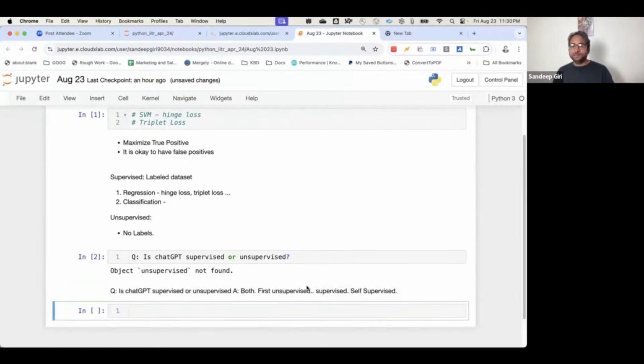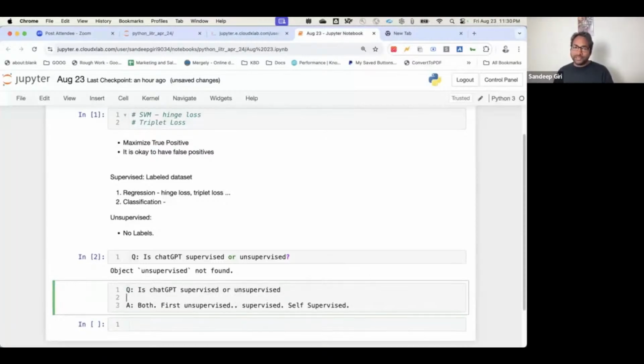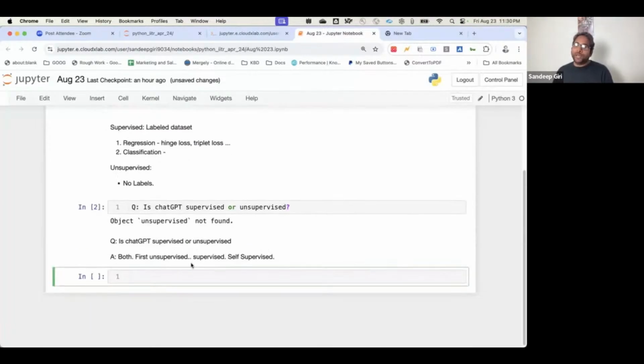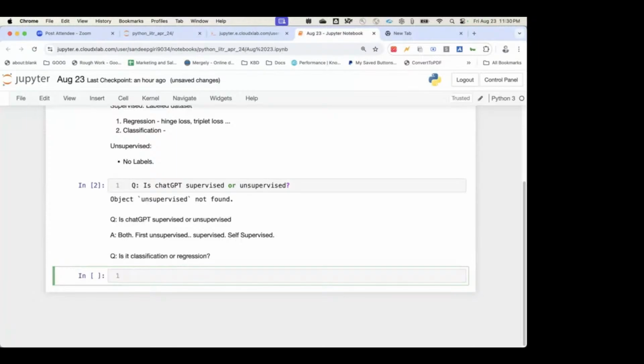All right. So now the next question is, if ChatGPT is supervised, is it classification or regression? It is regression, because it is trying to figure out the next word, right?